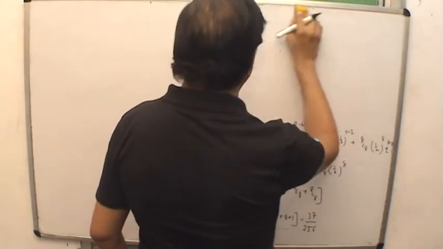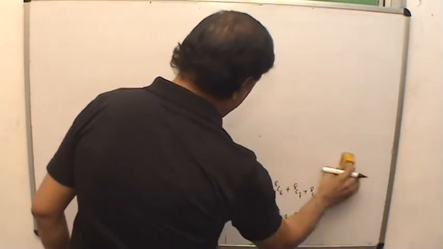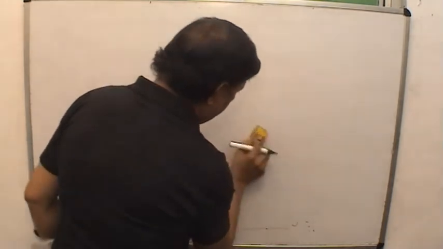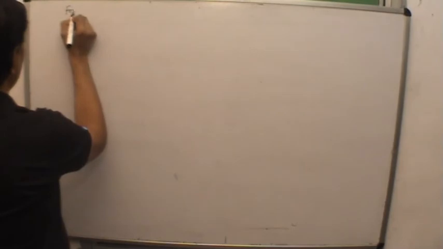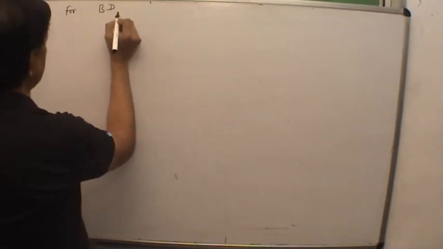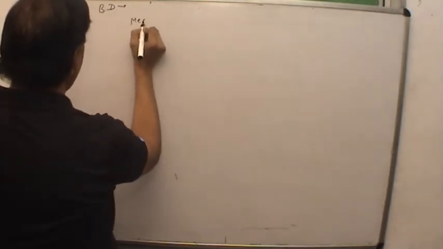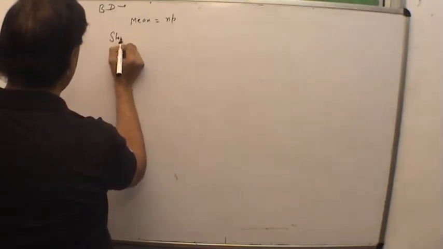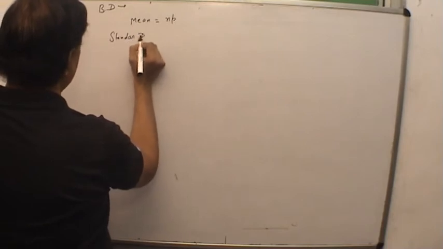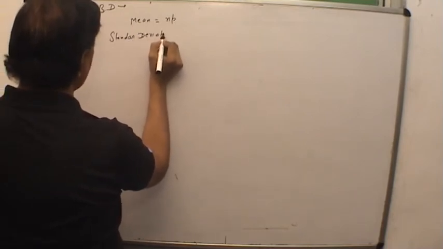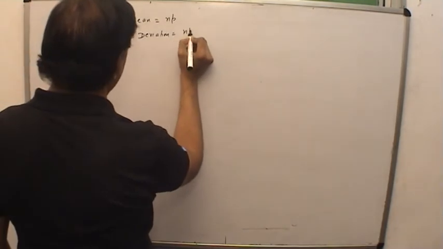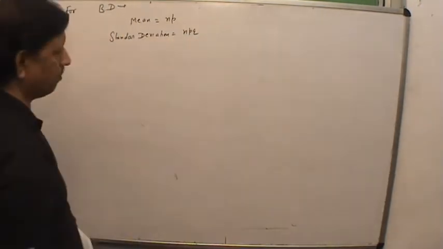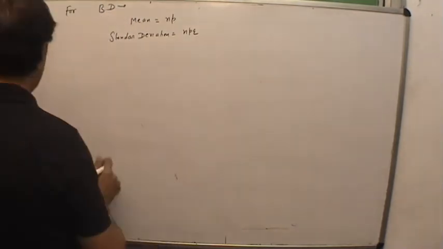For the binomial distribution, we say the mean is equal to n into p, and the standard deviation is equal to the square root of n into p into q. With the help of this we can solve many problems like this.